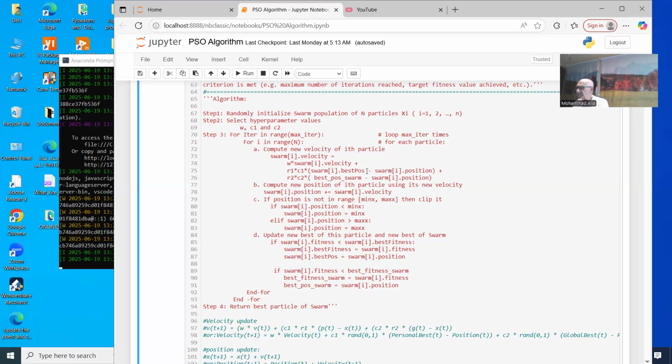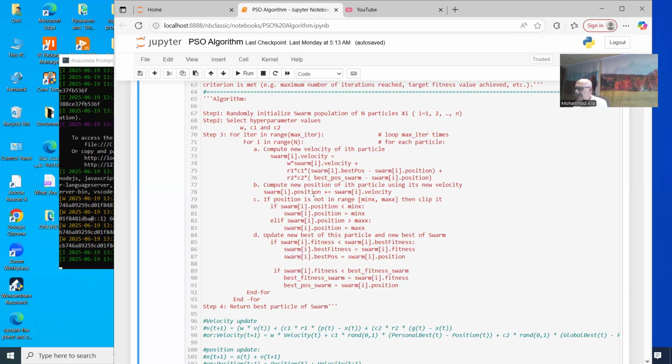The social term here is equal to the product of R2 and C2. Here also R2 is a randomly selected value between 0 and 1, and C2 is already known to us as a learning coefficient.